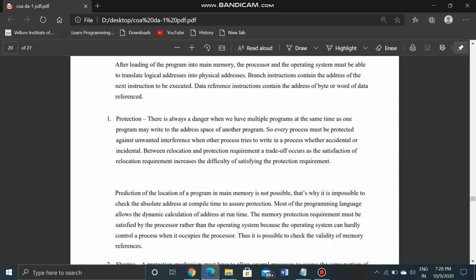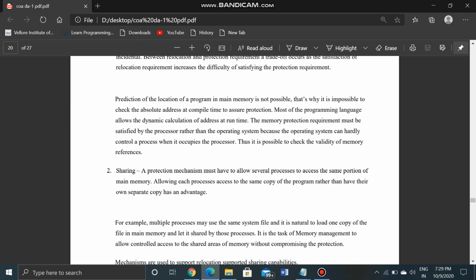You may write to the address space of another program. So every process must be protected against unwanted interference when another process tries to write in it, whether accidentally or incidentally. Between relocation and protection, trade-offs occur, as the satisfaction of the relocation requirement increases the difficulty of the satisfaction of the protection.